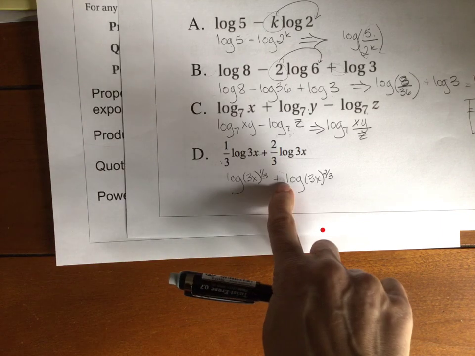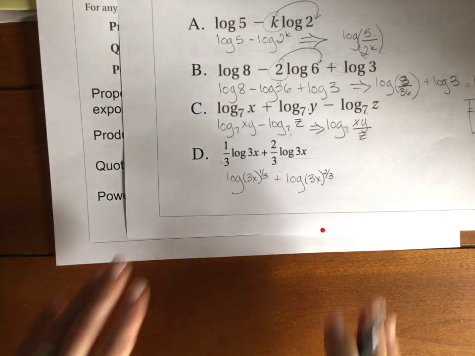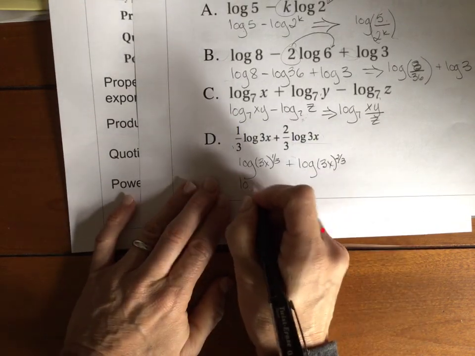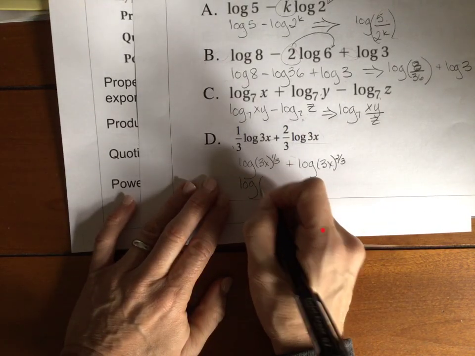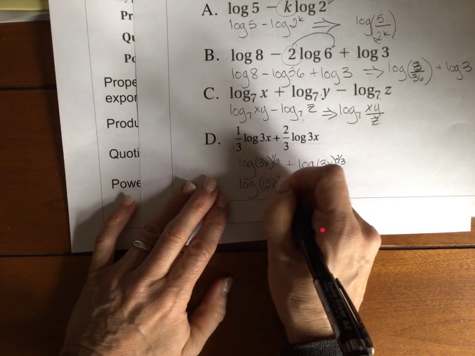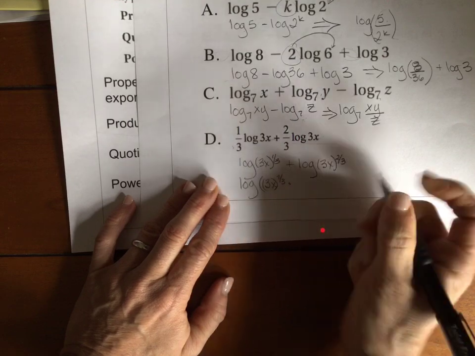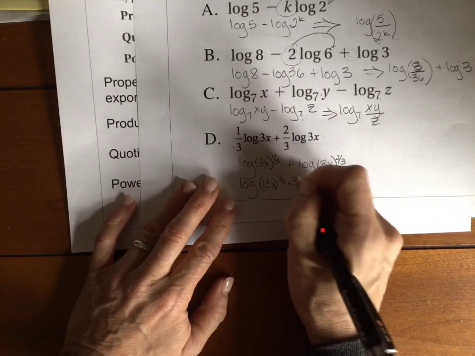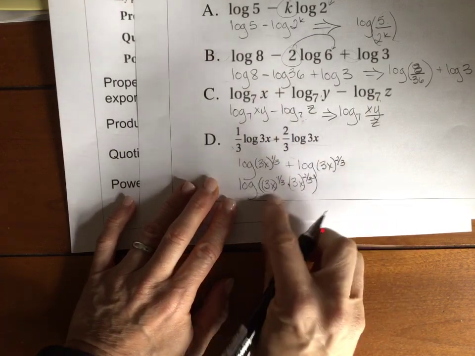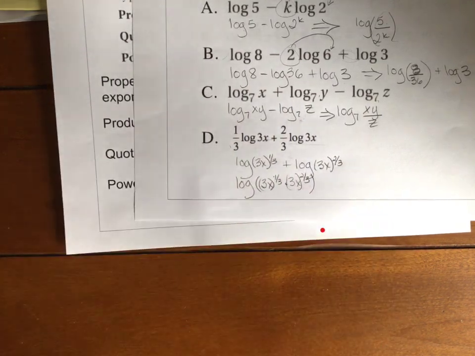Now this plus means that I am multiplying them together. And I'm going to expand this step a little more just so you guys can see what's going on. This is going to be 3x to the 1/3 power times 3x to the 2/3 power. And I want you to notice something here. 3x and 3x is the same.